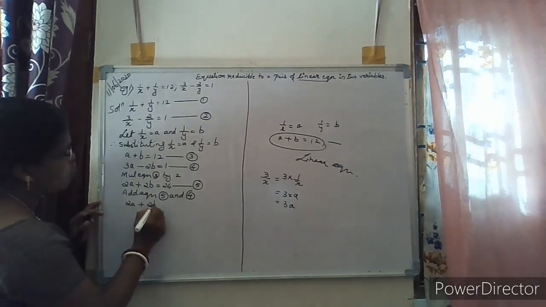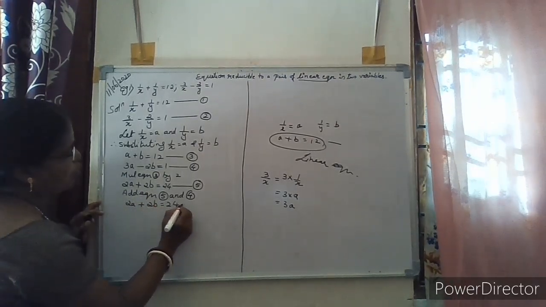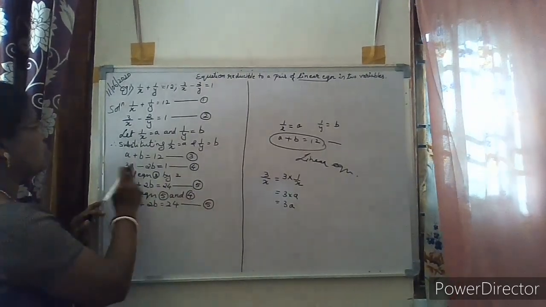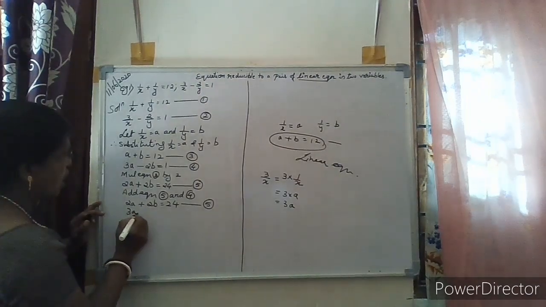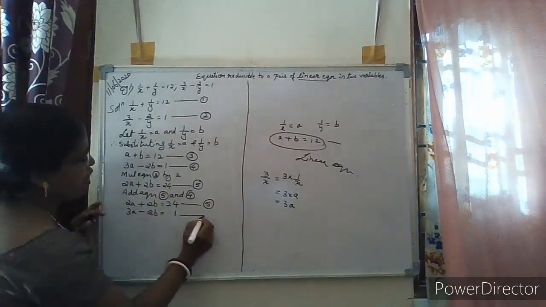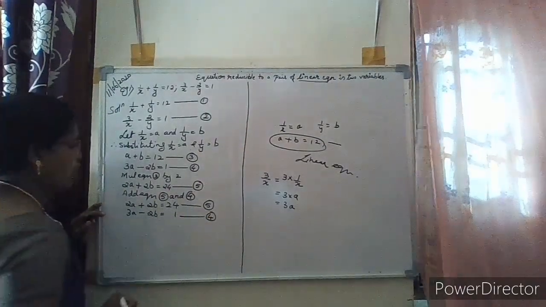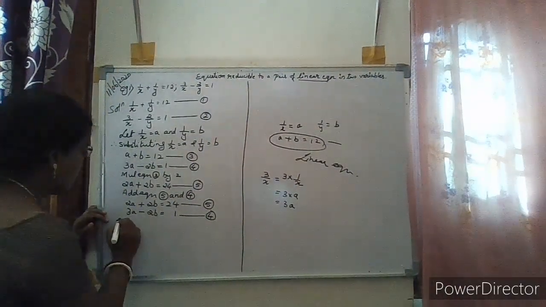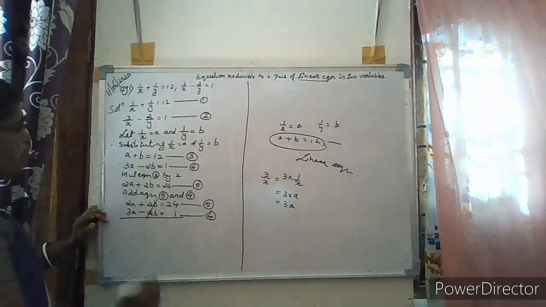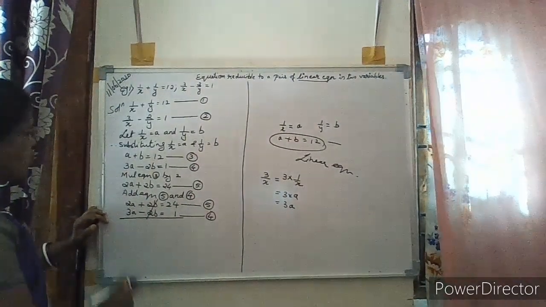2a plus 2b equal to 24, this is equation 5. Next, equation 4: 3a minus 2b is equal to 1. Now we are adding it. As we add, plus 2b minus 2b is cancelled.